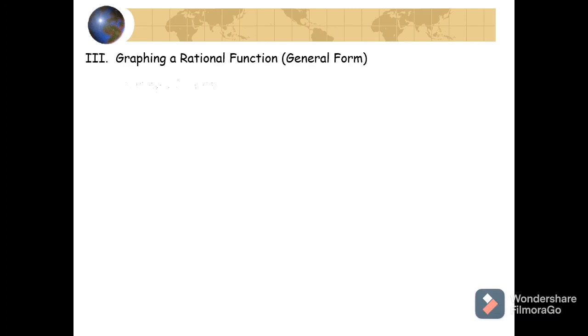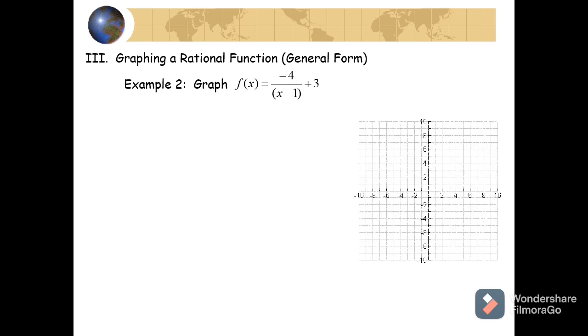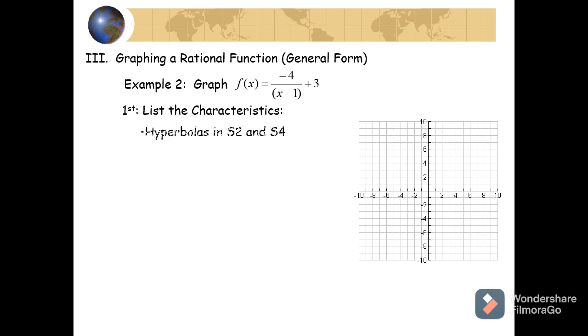Let's try another example. So f of x is equal to negative 4 all over x minus 3 plus 1. First, list the characteristics. Our hyperbola will be in section 2 and 4 since negative ang ating a. Then it is a slow change because absolute value of negative 4 is greater than 1. Our vertical asymptote is x is equal to 1.